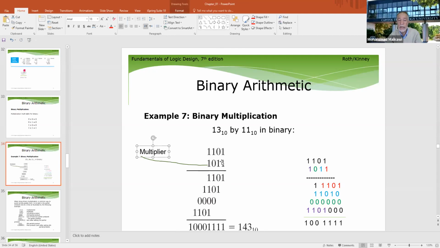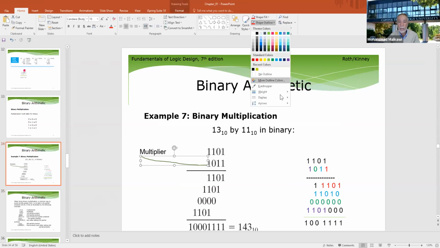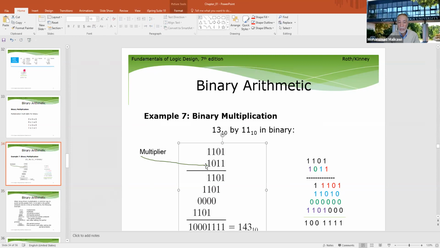So in our multiplication algorithm, the way we will do that, well, let me finish this and then I will say what I wanted to explain here. Okay, so we take one bit at a time.